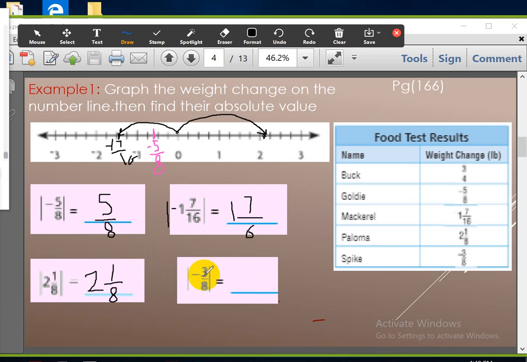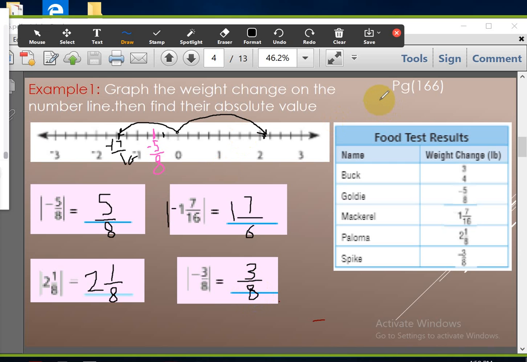Now, what about negative 3 over 8? What is the absolute value of this number? Yes, Tolene, open your mic, dear. Negative 3 over 8 will be between 0 and negative 1 right here. As an example, this is a negative. Yes. It will be 3 over 8 without the negative. Very good, Tolene. Thank you so much. So it will be the same number without the negative.